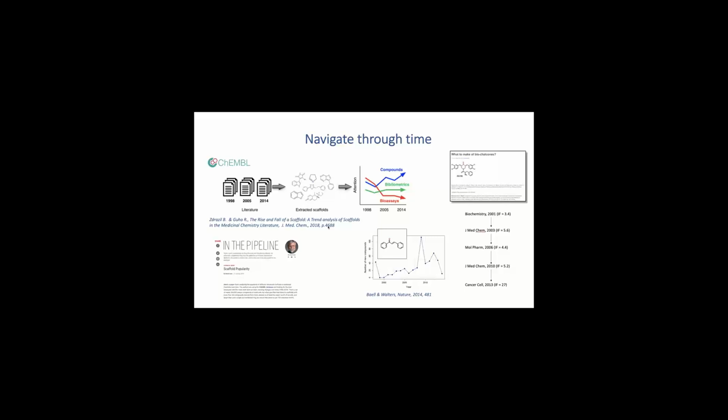The measures we looked at were new compounds per year that have been published, and the number of bioassays, because all this tells you something about research attention. And another interesting thing we looked at was impact factors over time. So per year, we would calculate the median impact factor of the journals that the compounds of a certain scaffold in this year have been published in.